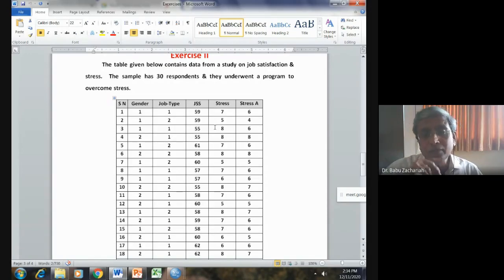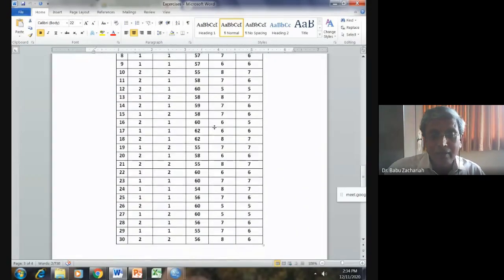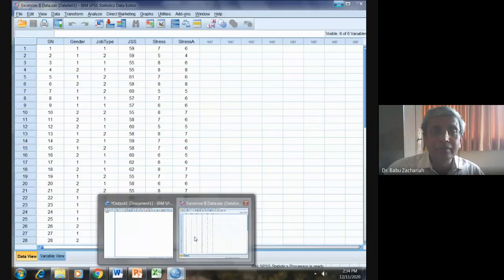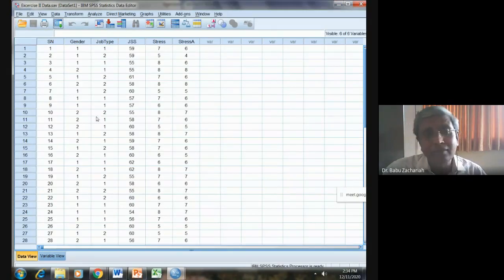So we have 3 response variables available there. Now, these 30 observations are there, which we need to enter on the SPSS screen. So I have entered, say it is like this, but we will recheck whether the variable specifications are correct.